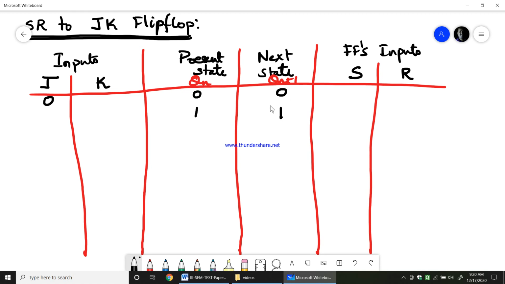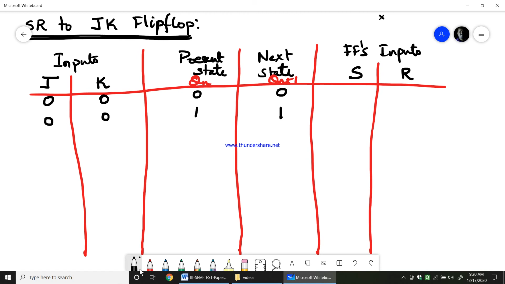So when do we get this condition? When JK is 0, 0, you get present state Qn, next state Qn plus 1. Again JK is 0, 0. So you are elaborating that excitation table where we wrote the don't care conditions, right? If you elaborate that, you get 8 combinations.